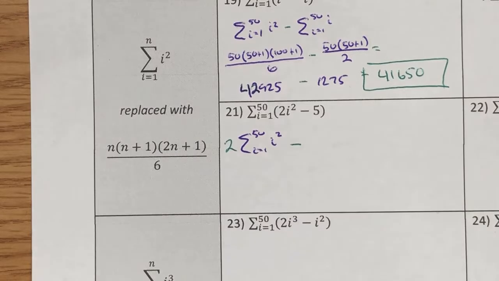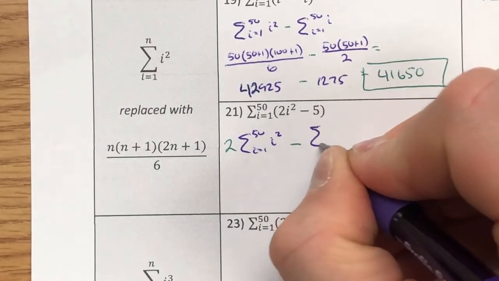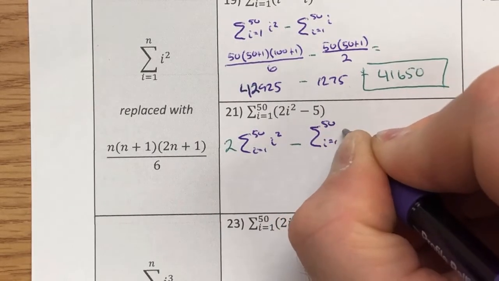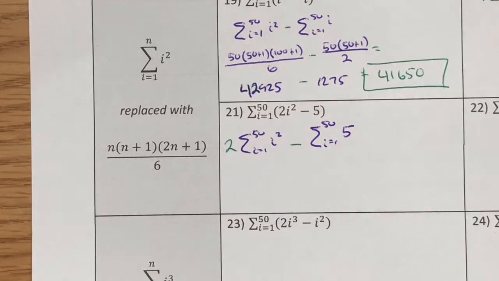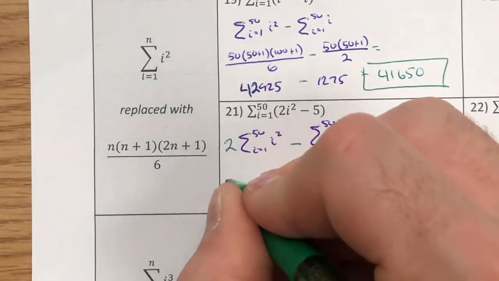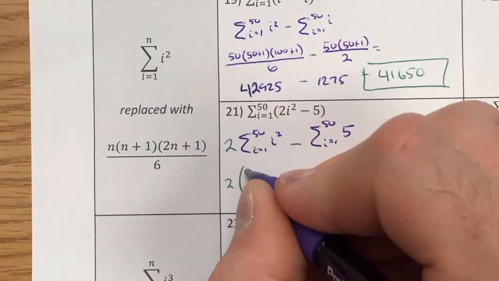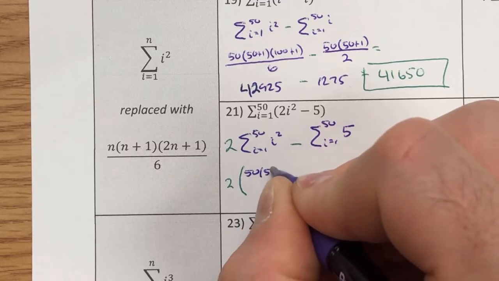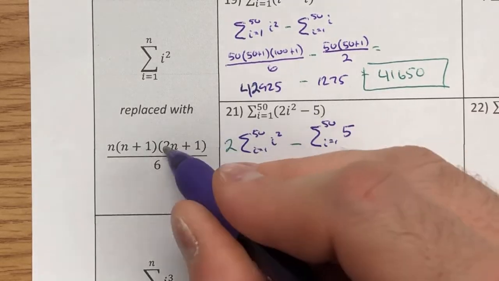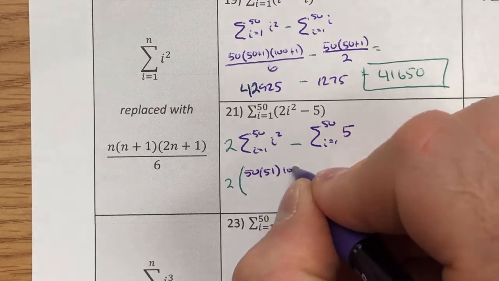And then I'm going to subtract the sum of i equals 1 to 50 of 5. Sum of i squared, let's see, that's 50 times 50 plus 1 times 2 times 50 plus 1, that is 101.